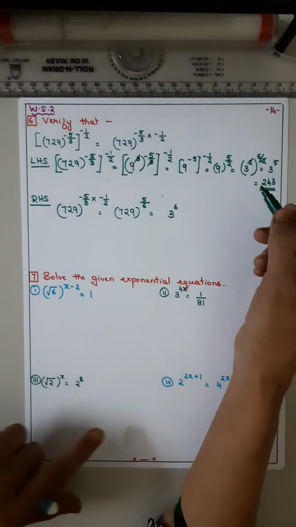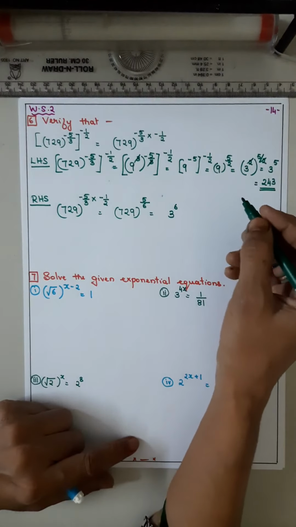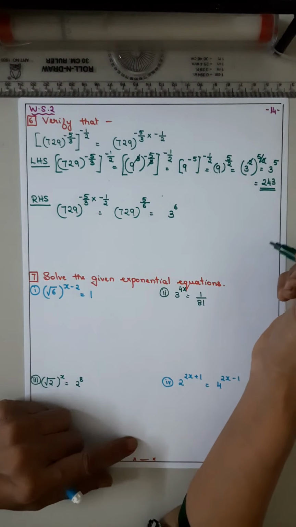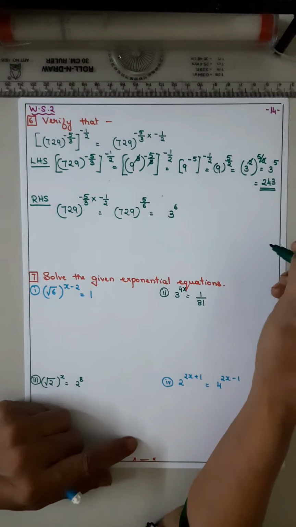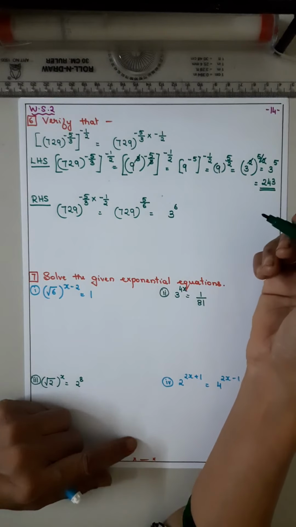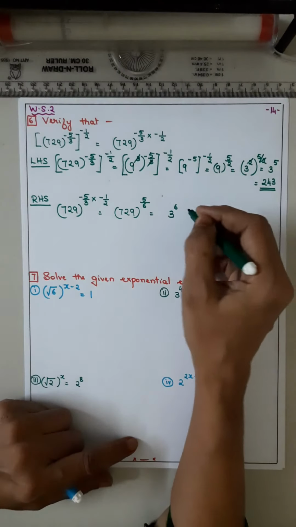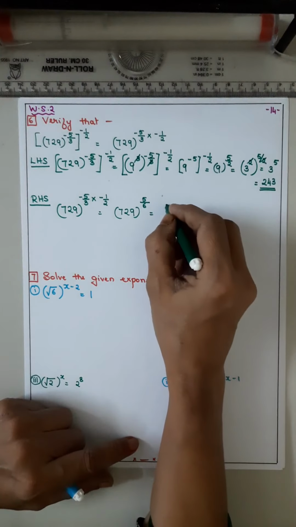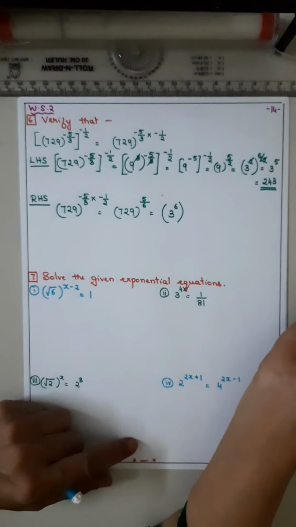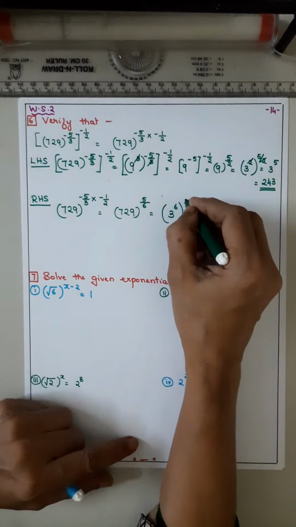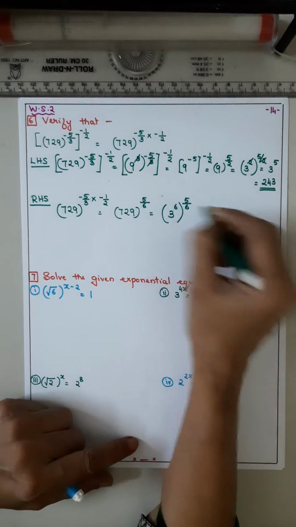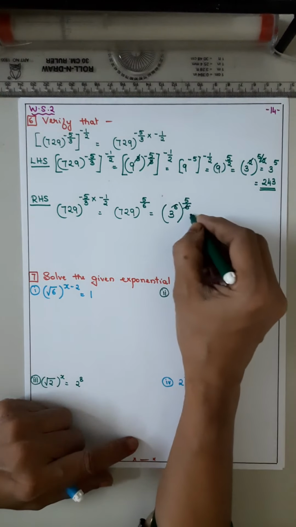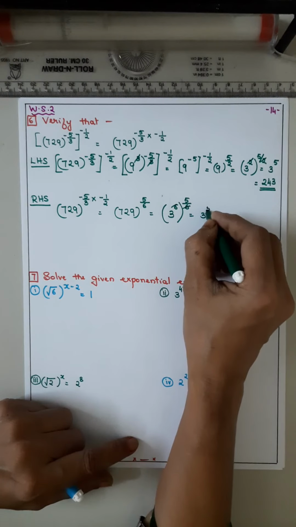Okay, how do you do it? Do the prime factorization and see which number's power gives 6. So 3 to the power 6, then 5 by 6. 6 gets cancelled. So 3 to the power 5.